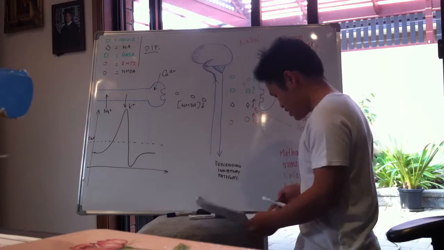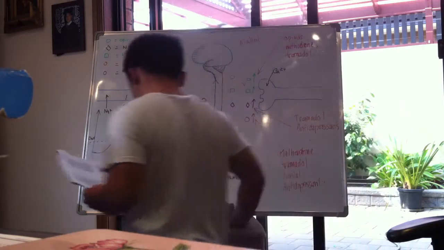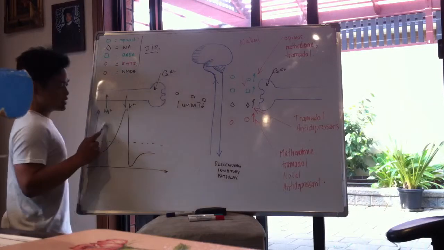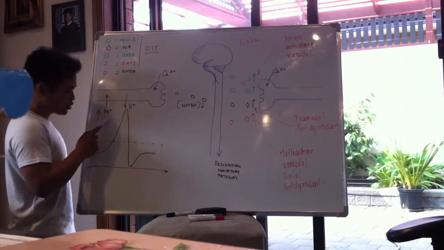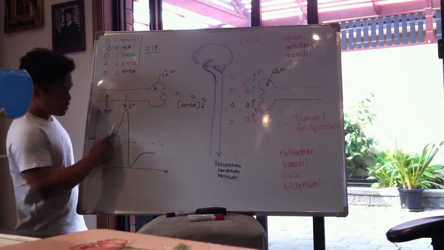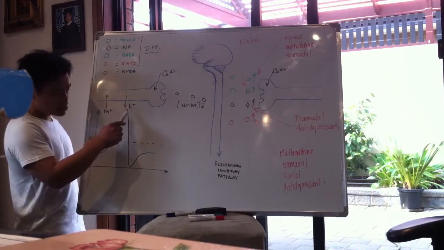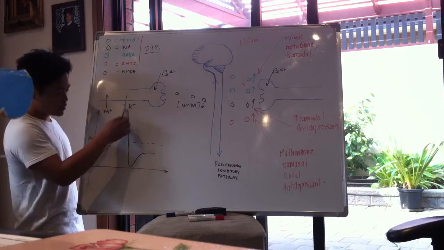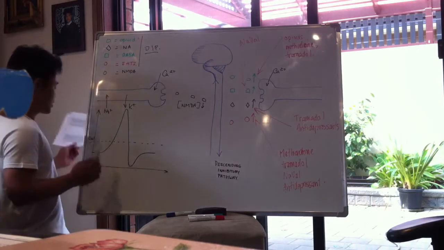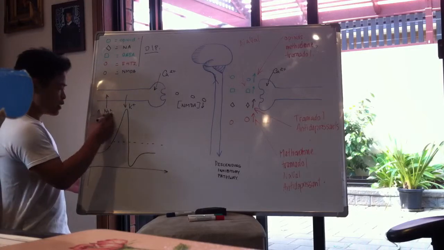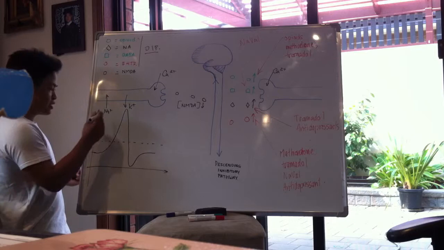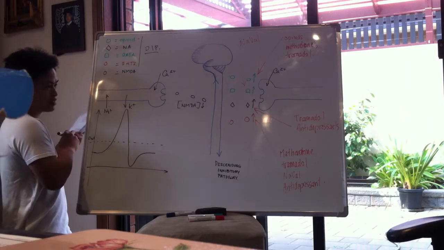Okay, so now let's talk about this side. If there's an influx of sodium, then we get this depolarization, and then efflux of potassium causing repolarization and hyperpolarization. So we want to stop that. So what better drug than sodium valproate again?